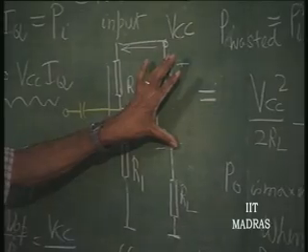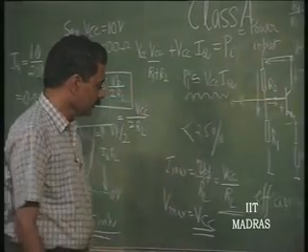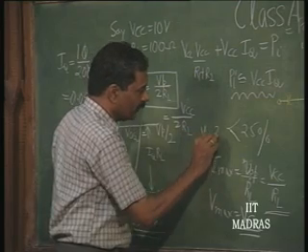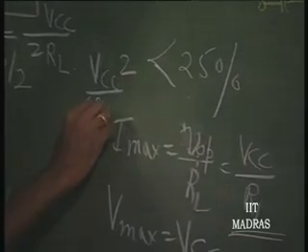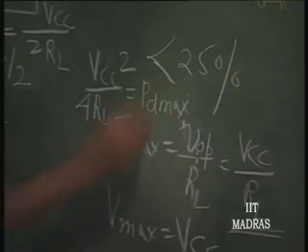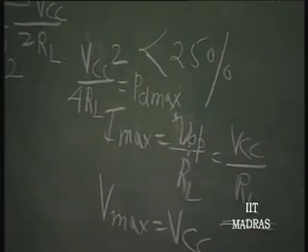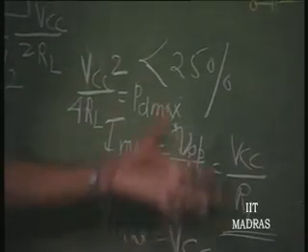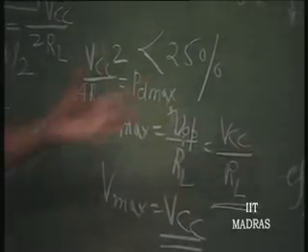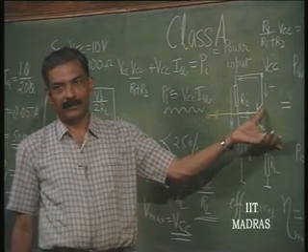Therefore, for the transistor, the active device, it is VCC squared divided by 4 RL. So, based on all these factors, you will select the transistor that is necessary for this.